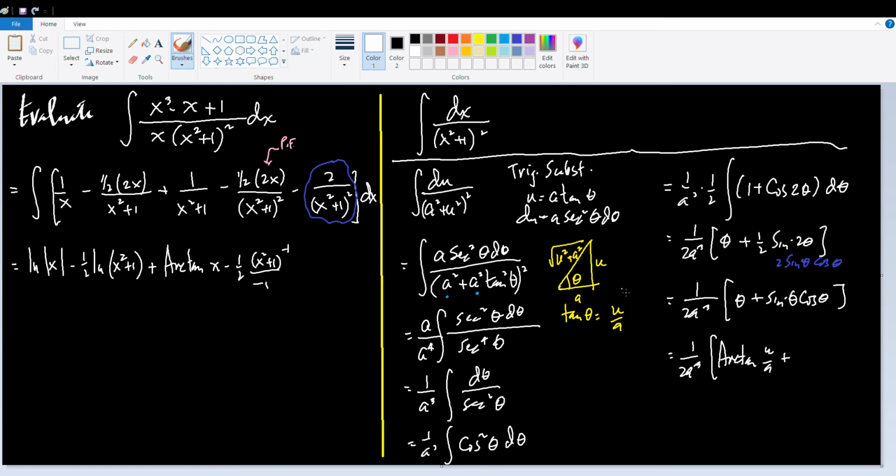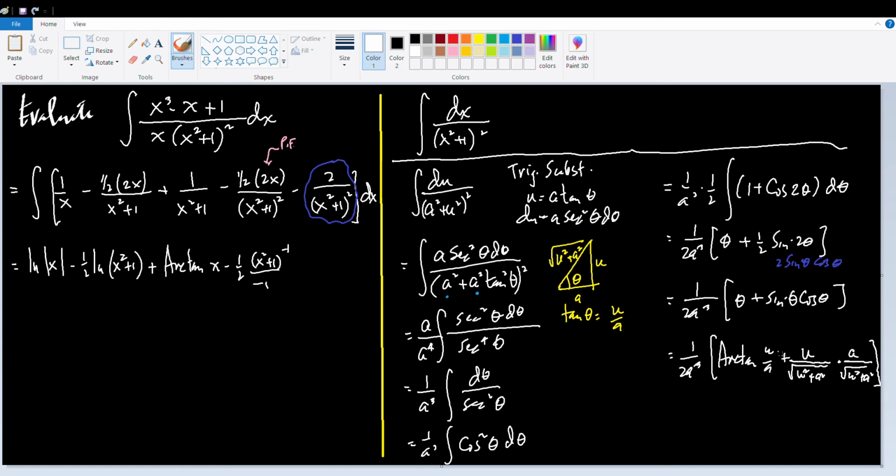Sine theta is opposite over hypotenuse, so u all over the square root of u squared plus a squared, times cosine theta, which is a over the square root of u squared plus a squared.